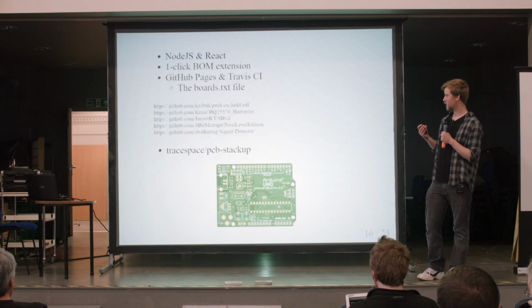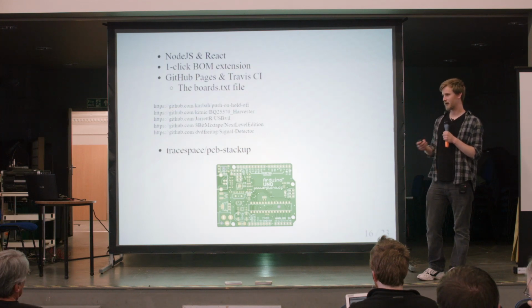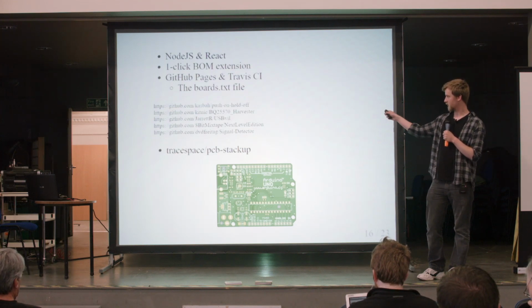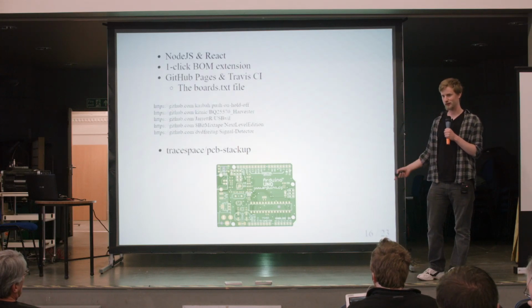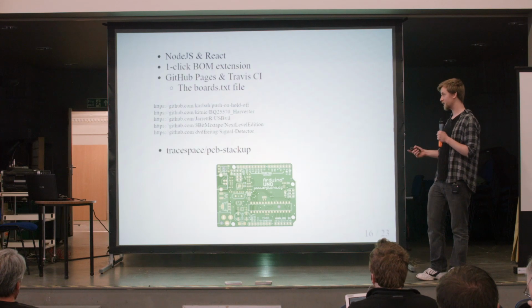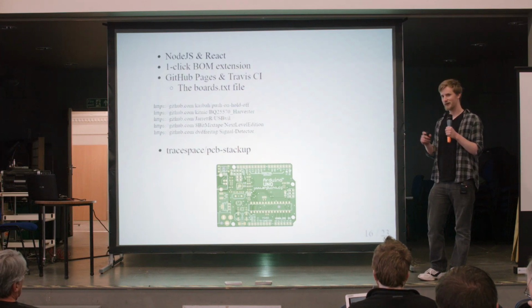If someone wants to add their project, they edit the file on GitHub and append the URL, and that triggers the continuous integration service to rebuild the entire site. Obviously, that's not going to scale, but it works for now for the number of projects that are on there.